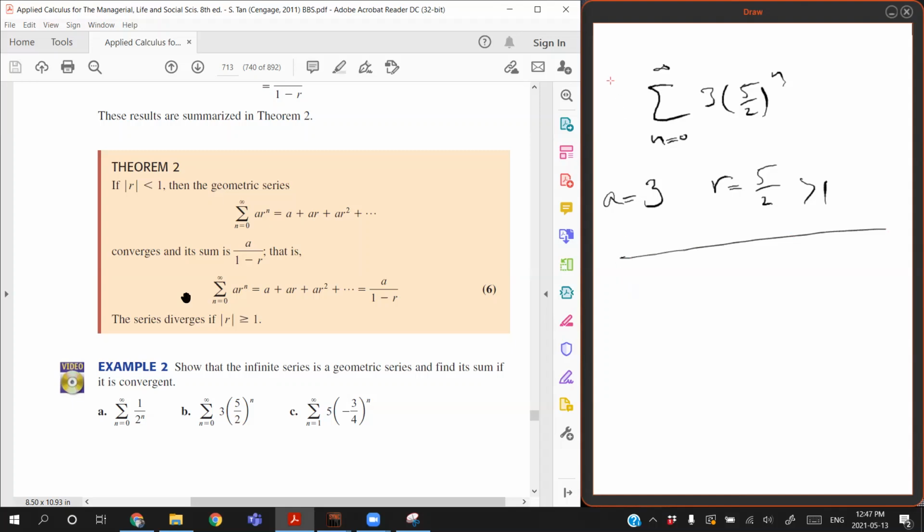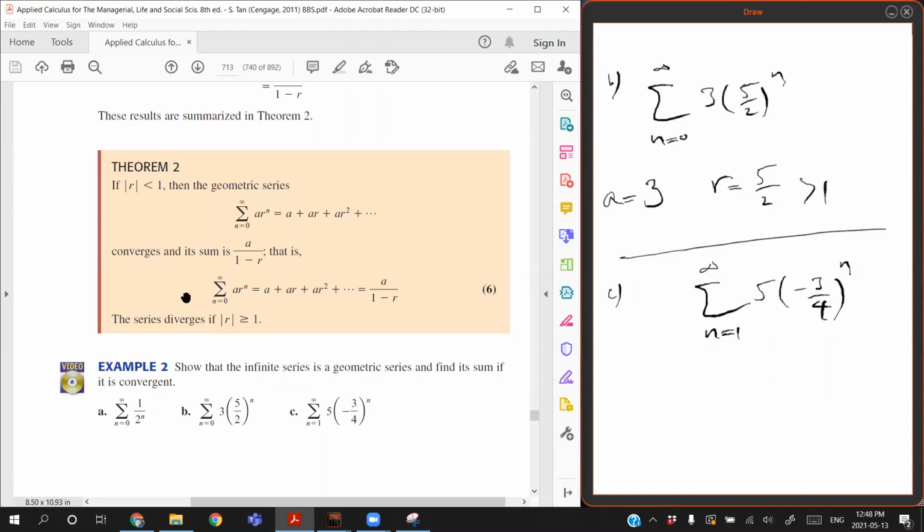And part C, so this was part B, part C, I have sigma n from 1 to infinity of 5 times negative 3 over 4 to the power of n. Okay, I can see that this is a geometric series and the common ratio is negative 3 over 4 because I have the part negative 3 over 4 to the power of n. And negative 3 over 4 is a number between negative 1 and 1.